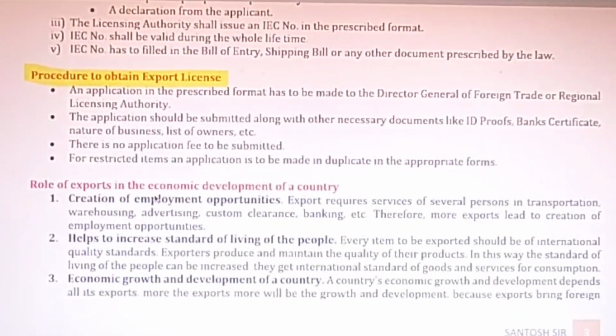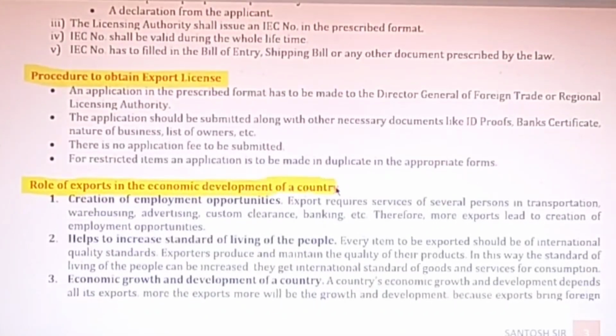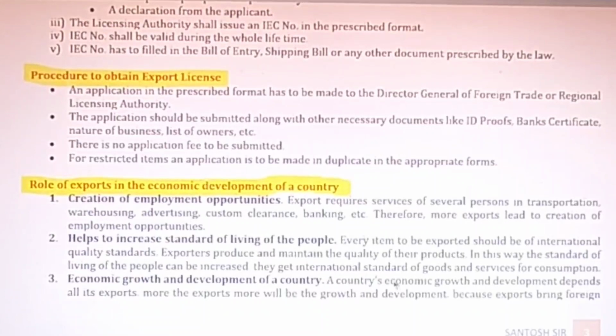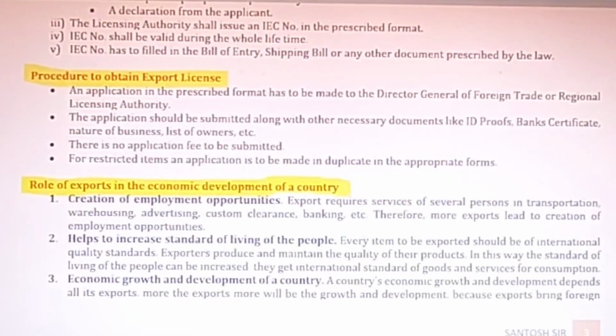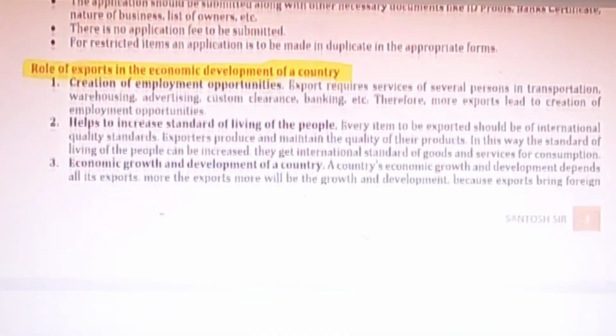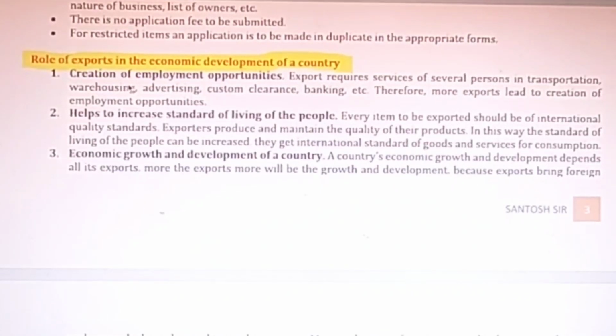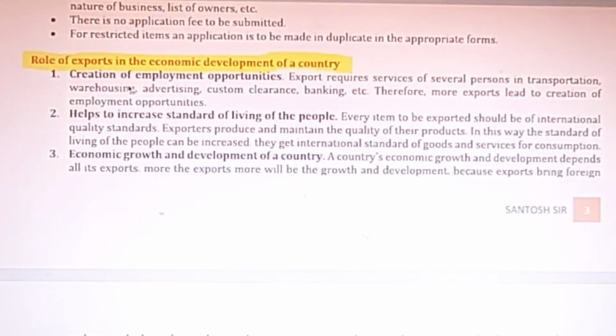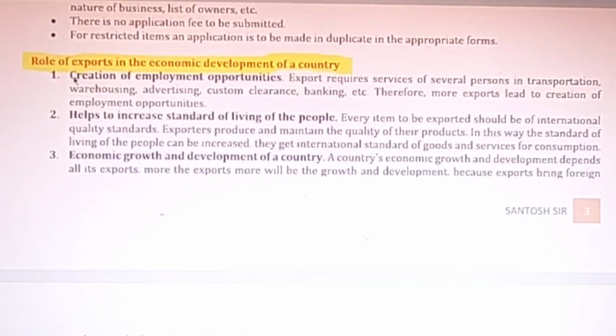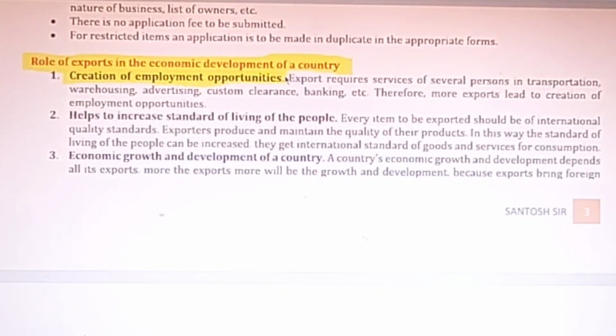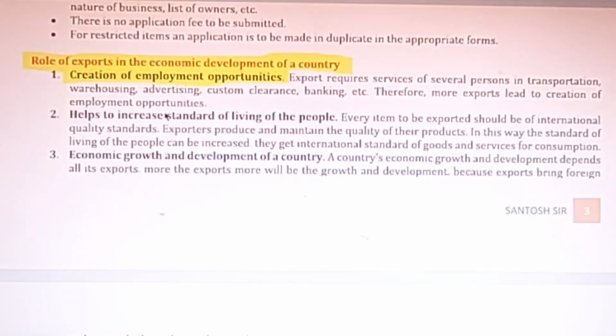The next question is what is the role of exports in the economic development of a country. It's a very common question, students can write it by common sense, and this question is also present in IBO 3 and IBO 1. Basically, exports create employment opportunities. They also help to increase the standard of living of the people.